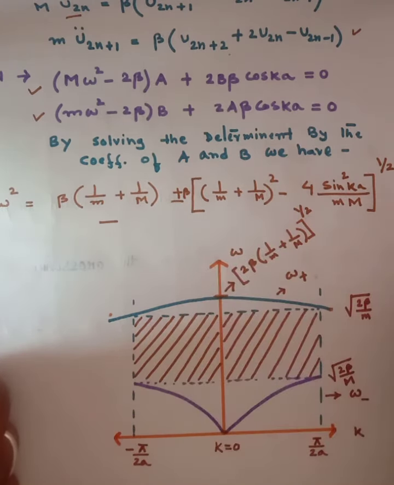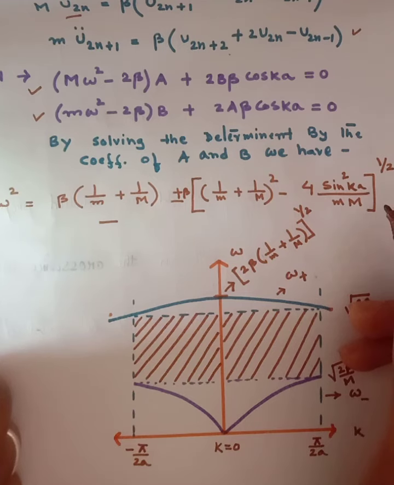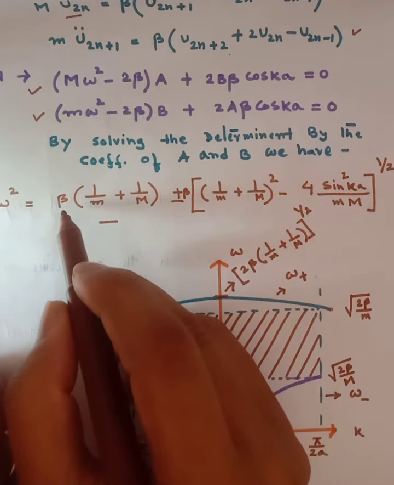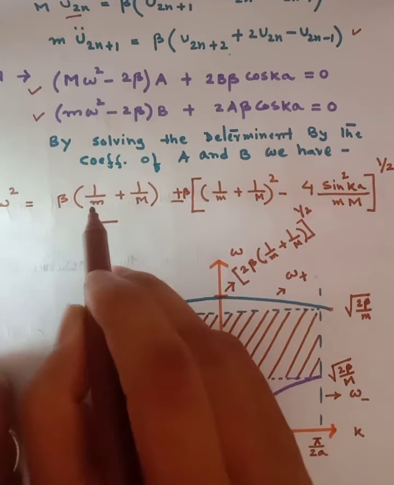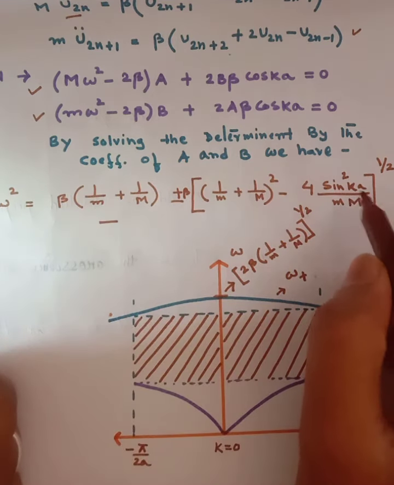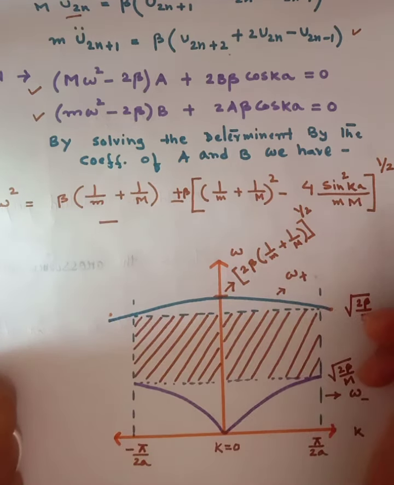If you look closely at the above equation, you can see that beta is constant for a particular spring, and capital M and small m are constant, which are nothing but the masses of the two distinct atoms, but the value of k is variable. Also, a is constant.